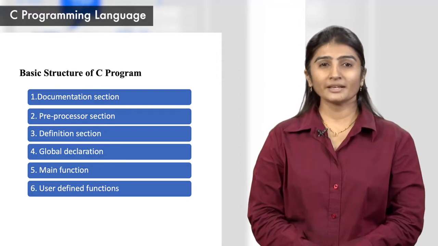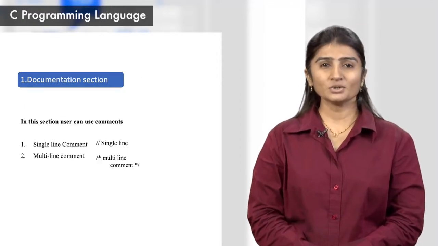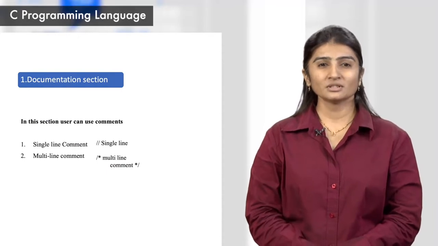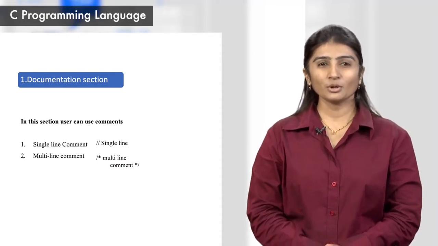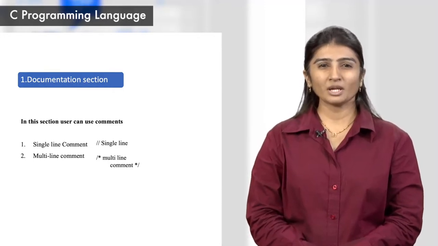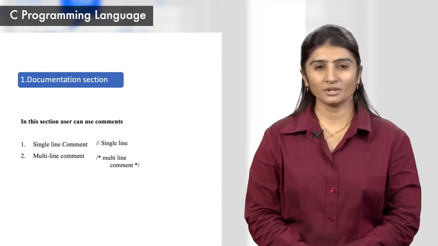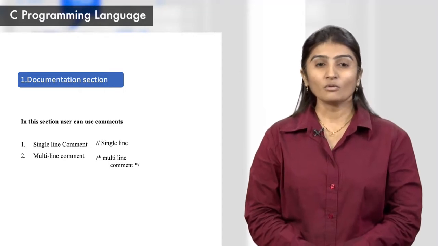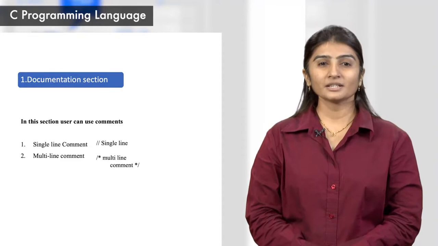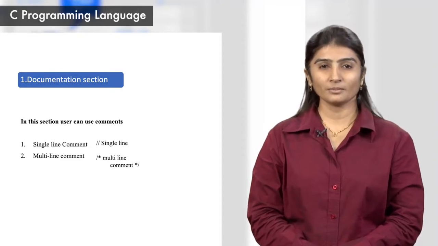So look at the first section, it is the documentation section. What do you mean by documentation? When we think about documentation, it may be related to a text file, or some text information. What is the importance of this documentation in a C program?